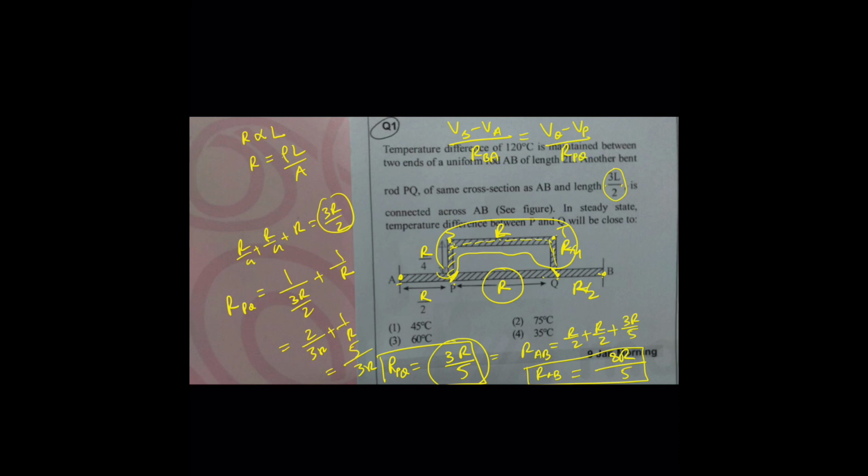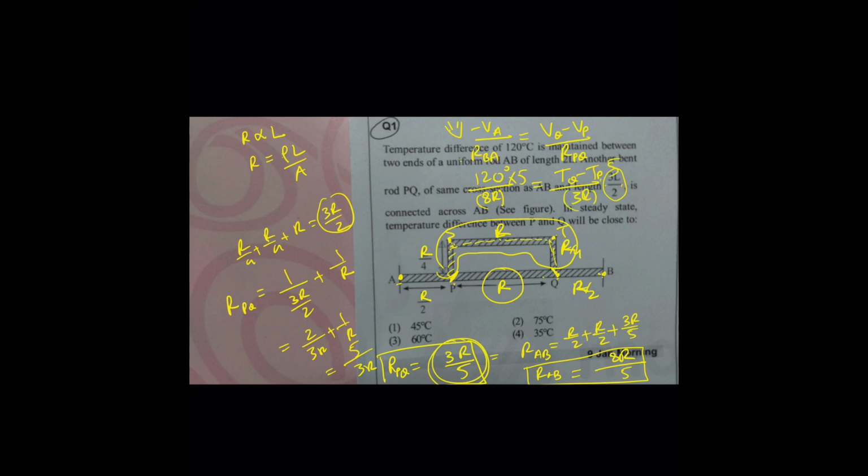So this voltage difference can be replaced with temperature difference. Why? Because voltage upon R leads to the flow of current. Similarly, temperature difference leads to the flow of heat energy. So I can write VB minus VA as 120 degrees Celsius, because that is given in the question. And RAB is 8R upon 5, so that 5 will go in the numerator. This is equal to VQ minus VP, which is the temperature difference TQ minus TP, upon RPQ, and the net resistance RPQ is 3R upon 5.